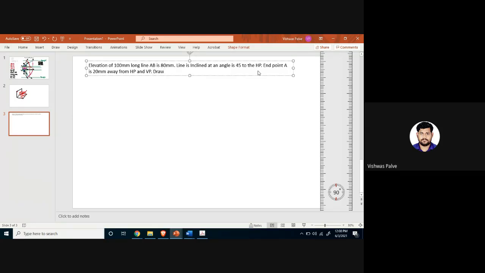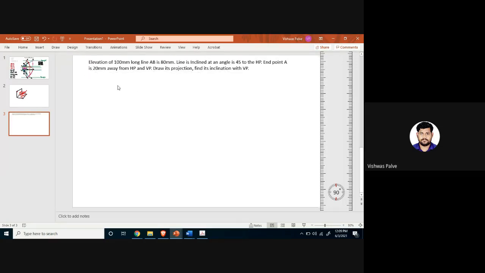Draw its projection and in that also you have to find its inclination. Find its inclination with VP. Okay, so the question is given.